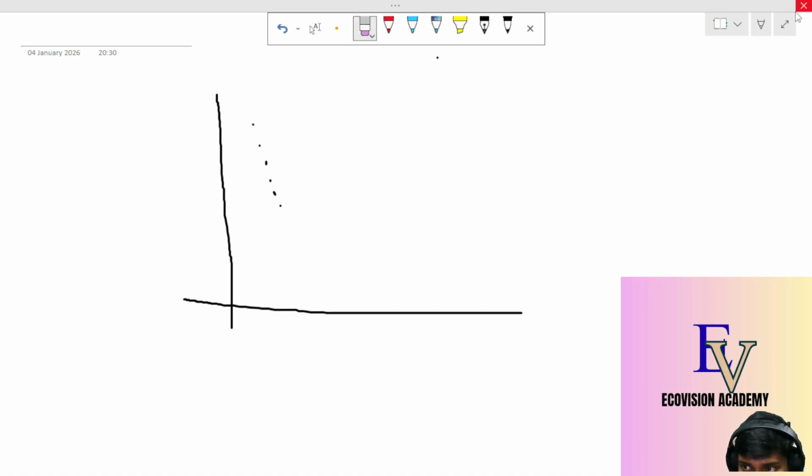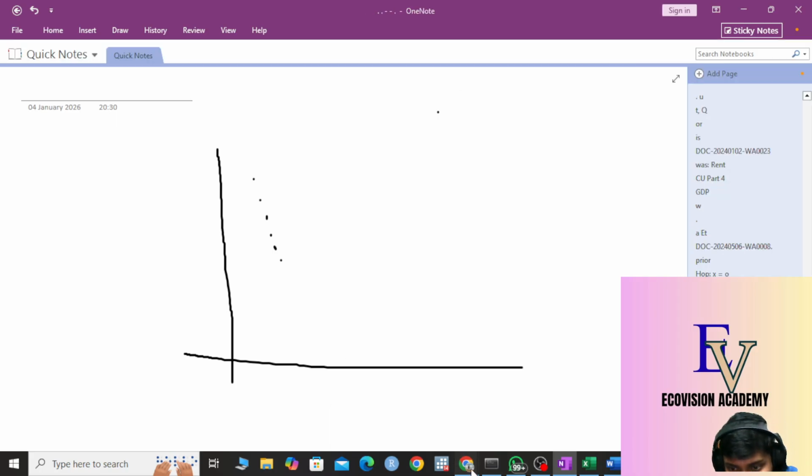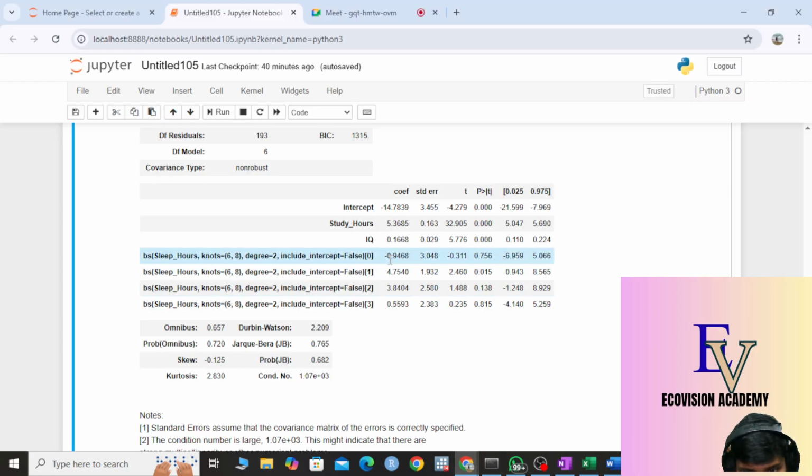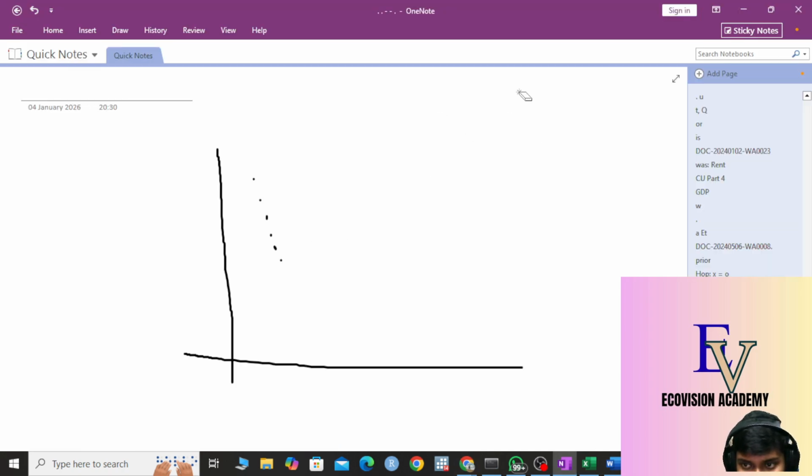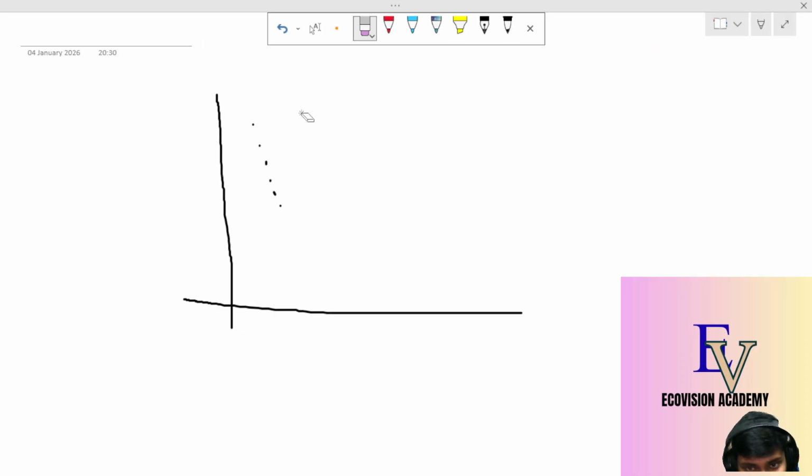Remember this: for the first one, it was negative, then it was very high, then it was low. So what will my regression look like? The first one was negative, and then very high. High means it will be steeper.